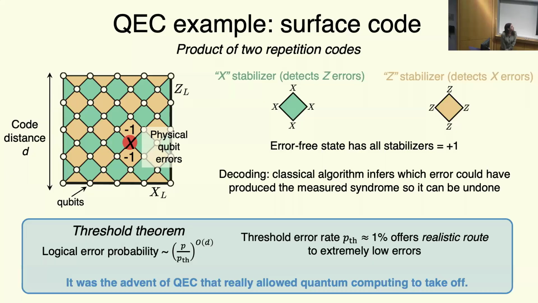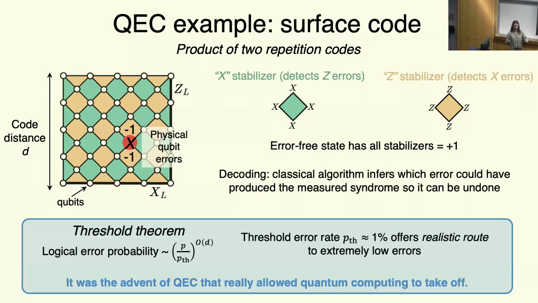Can you say a little more? Where does this p threshold come from? What goes into that calculation, or is it an empirical value? Very good question. There are kind of two answers. The physics intuition is this: suppose I have my code and I have some errors happening.